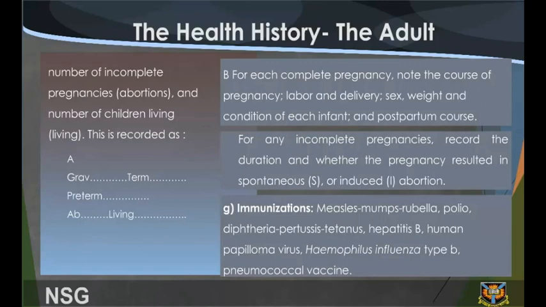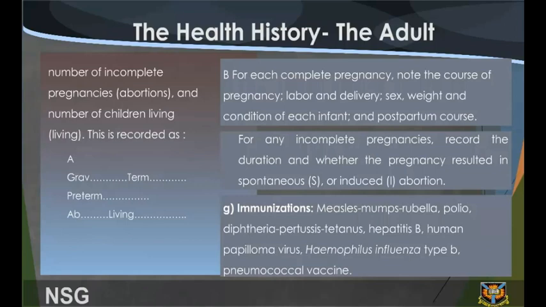This is recorded as G, A, P: gravida, term, preterm, AB, living. For each complete pregnancy, note the course of pregnancy, labor and delivery, sex, weight, and condition of each infant, and postpartum course.